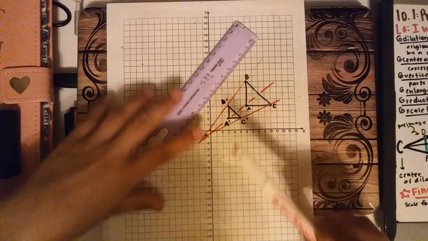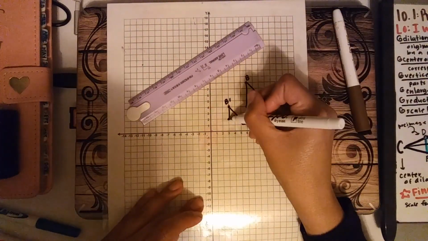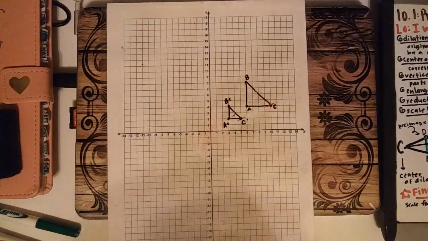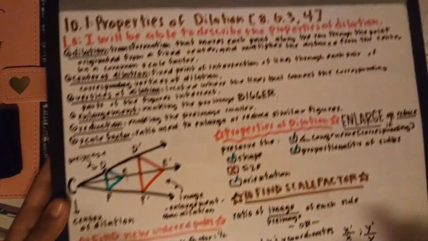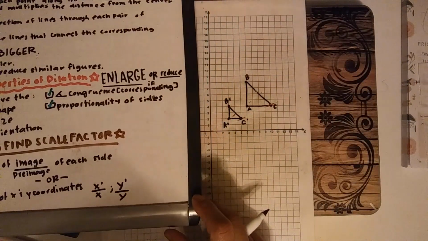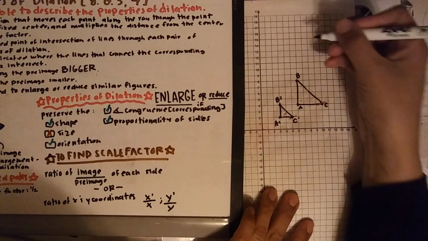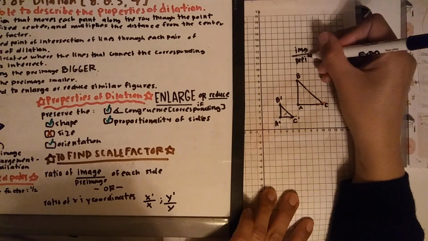Okay, and then let's find the scale factor. To find the scale factor, I can take the ratio of the image over the pre-image of each of the sides. So let's do that right here. Let's take the ratio of the image over the pre-image.